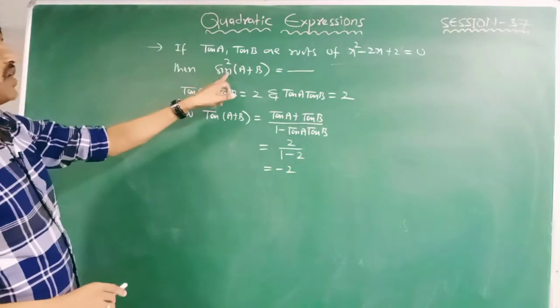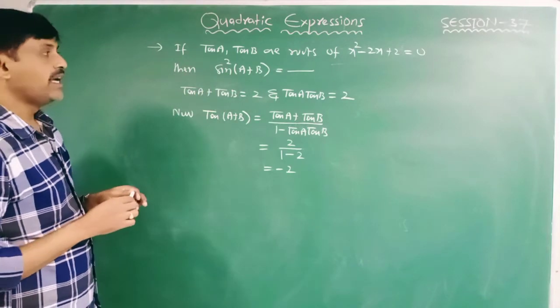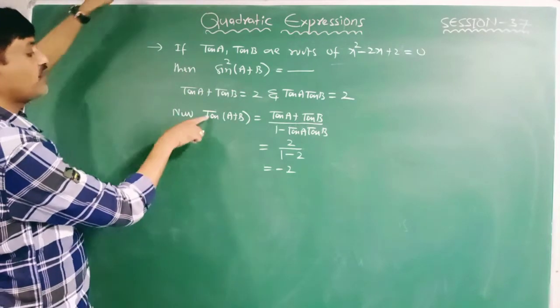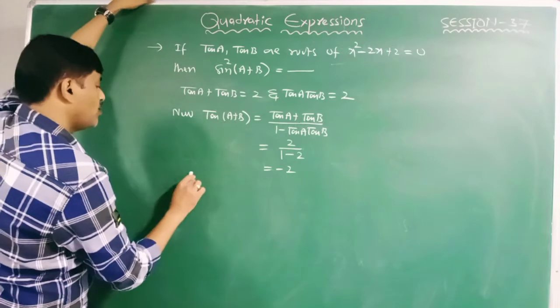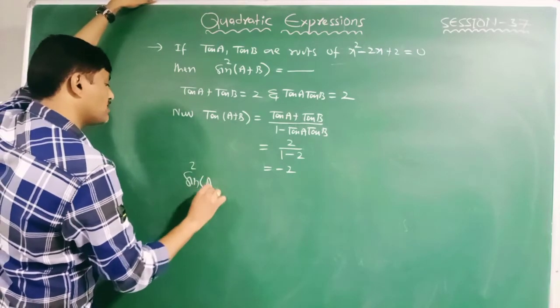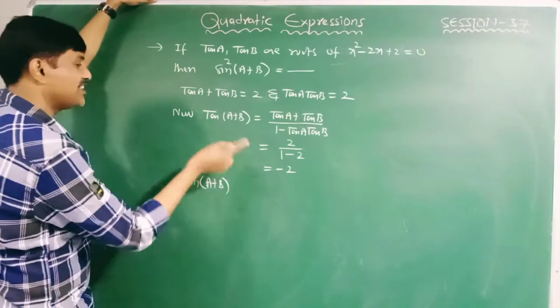Now we have to find sine square of A plus B. We already got tan of A plus B. Now we should write it in terms of tan.